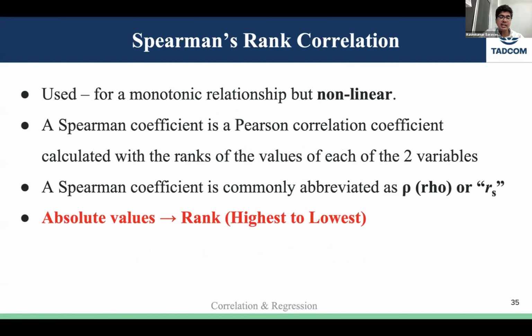That is nothing but giving ranks to each value. By this step, we convert the absolute values into ranks. Once we have done this step, we can use the same correlation method, and what we get is a rho or rank correlation coefficient calculated by Spearman, that is RS.